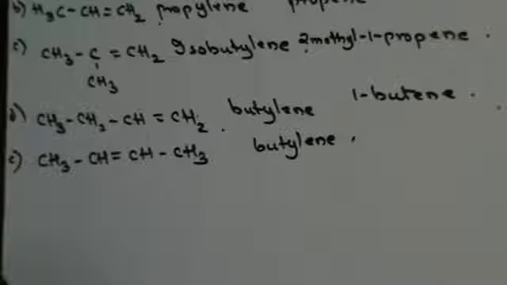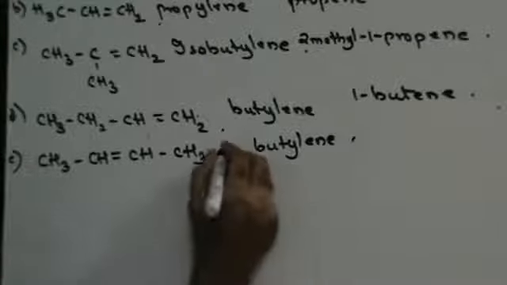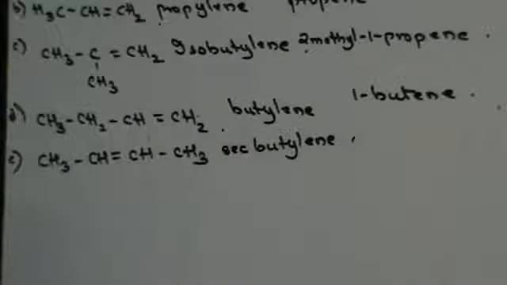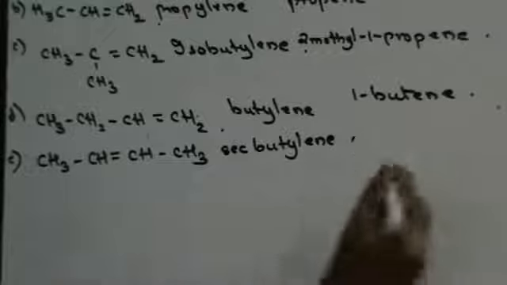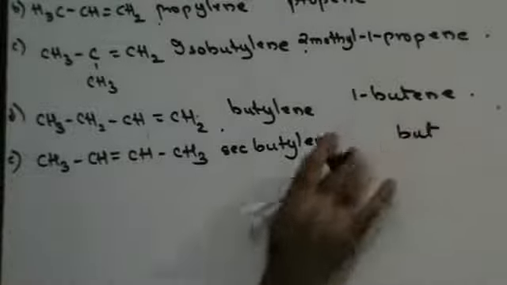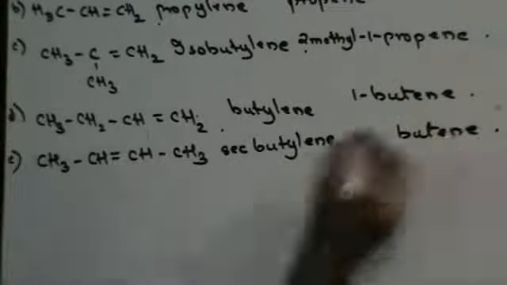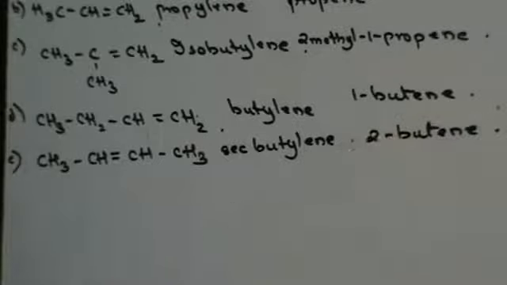Double bond is attached to the second carbon atom. Since double bond is attached to the second carbon atom, this is sec-butylene. Right? 4 carbon atoms, therefore but. Double bond, therefore ENE. Double bond is attached to the second carbon atom, therefore 2-butene. Fine, do we get this thing clear? So that was my nomenclature.